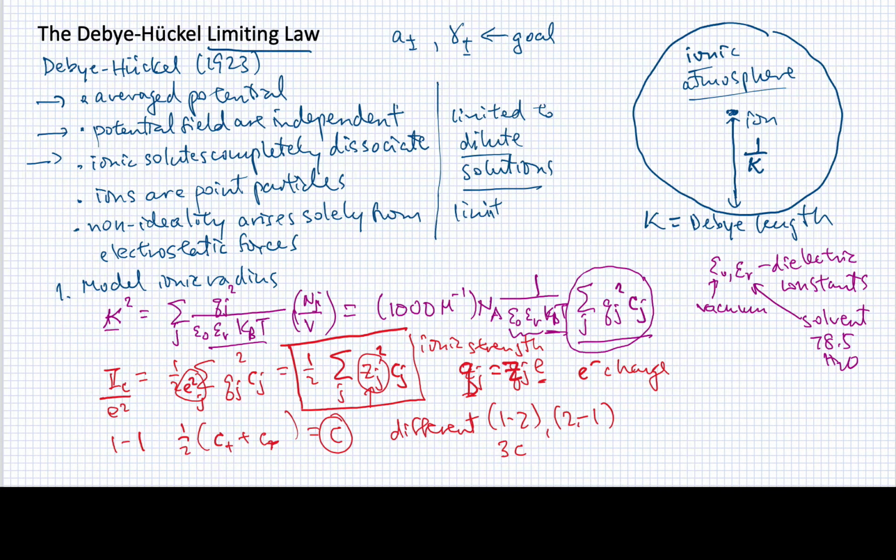All right, now let's look at the second part of their theory, but I'm going to need a new page to do this. Okay, the second page is actually about how to evaluate the activity coefficient in terms of this Debye length that they have used in deriving this.